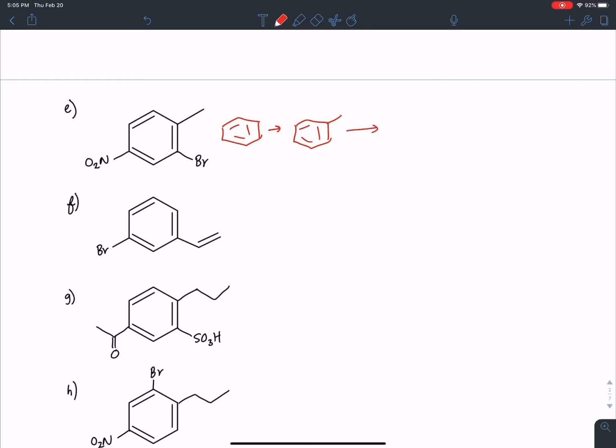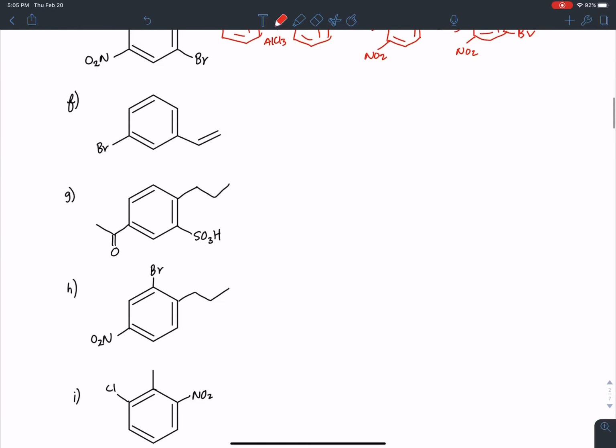Again, the reagents here are CH3I with AlCl3, or CH3Cl with AlCl3. Then we would want to add the NO2. And then the next thing would go ortho. There you go. Just like that. You add the methyl, you add the NO2, you add the Br. That's it.